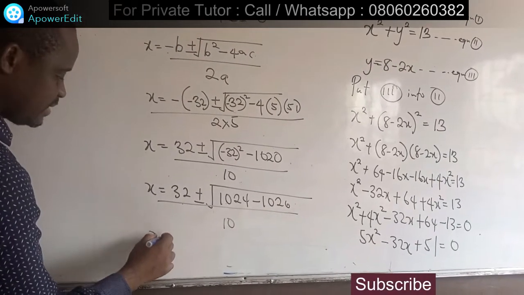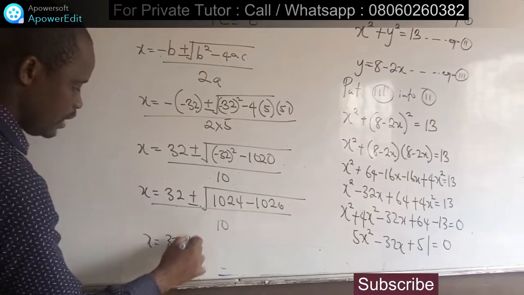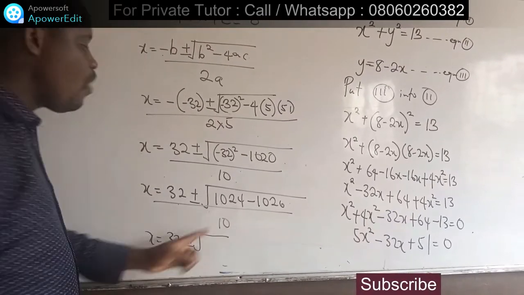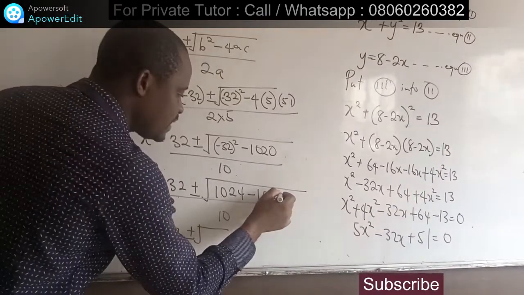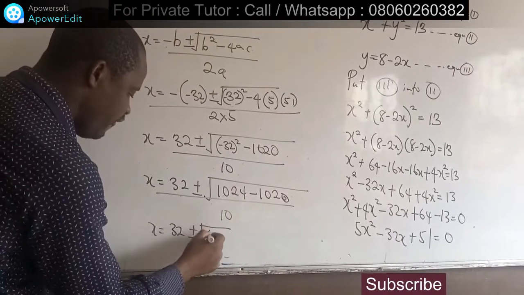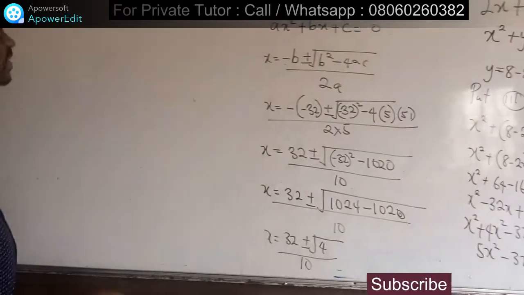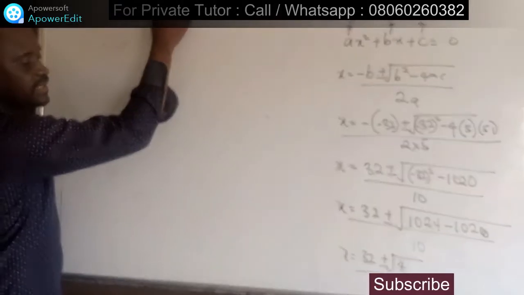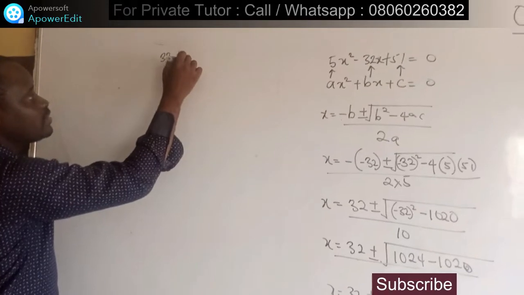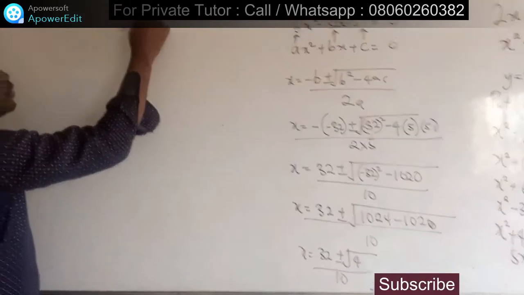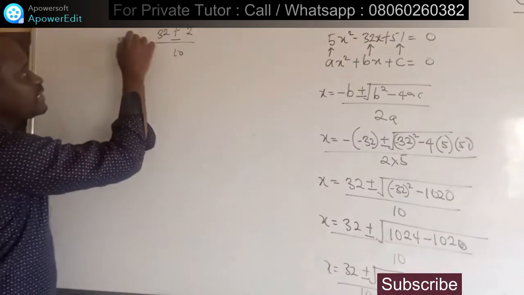Coming here, x equals 32 plus or minus square root. Now 1024 minus 1020 will give you 4 over 10. So coming to this place, the work seems simple. This will be 32 plus or minus root 4 is 2 over 10. That's for x.